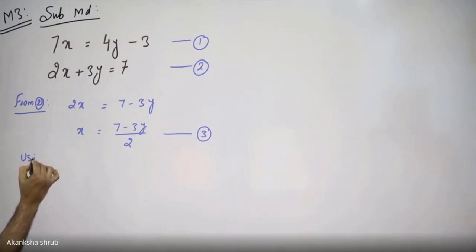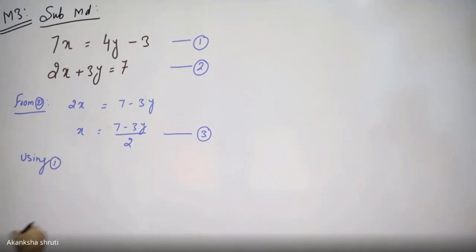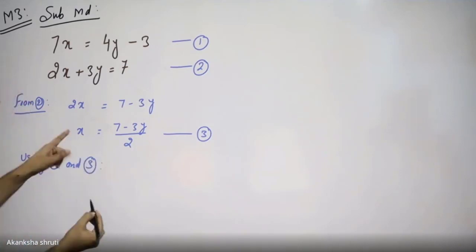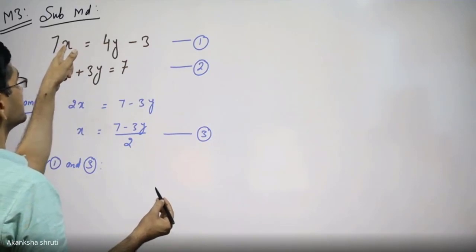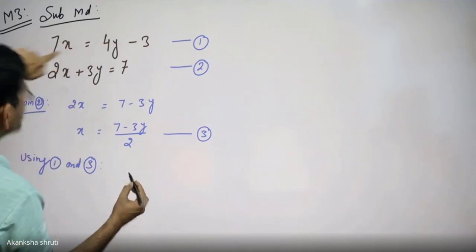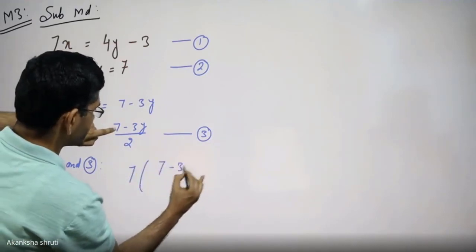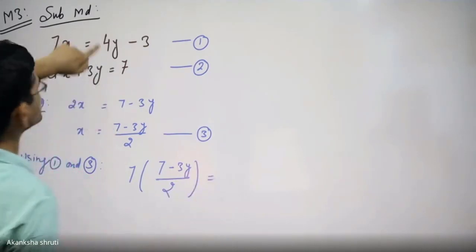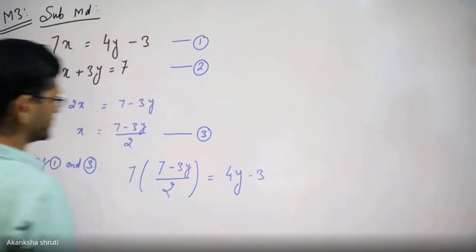Then we have to use equation 1. So using 1 and 3, this x from 3 is going to be substituted in 1. We may substitute as it is: 7 times 7 minus 3y by 2 is equal to 4y minus 3.